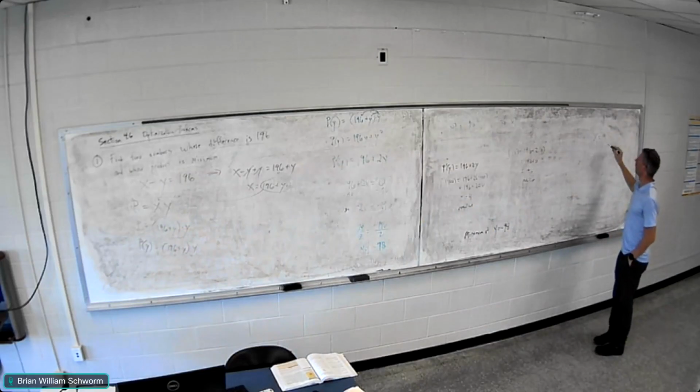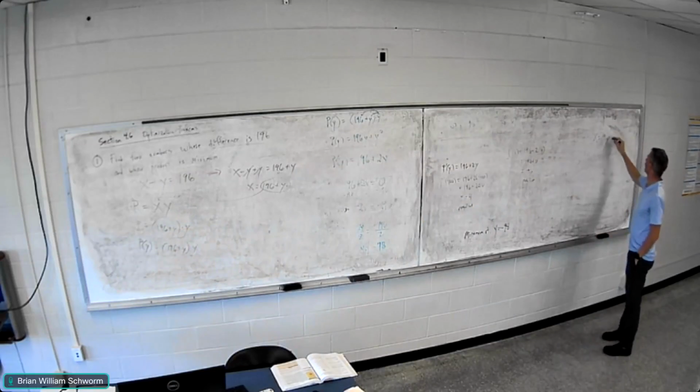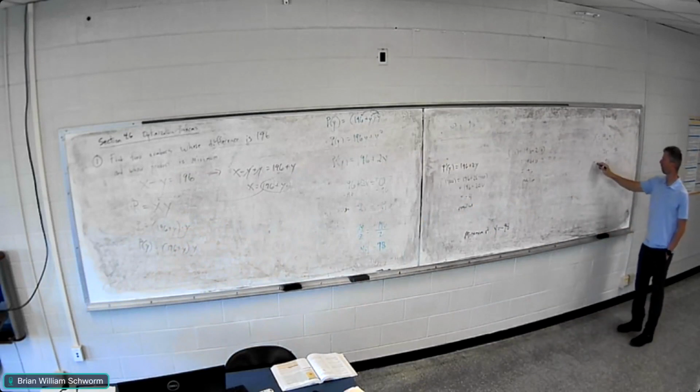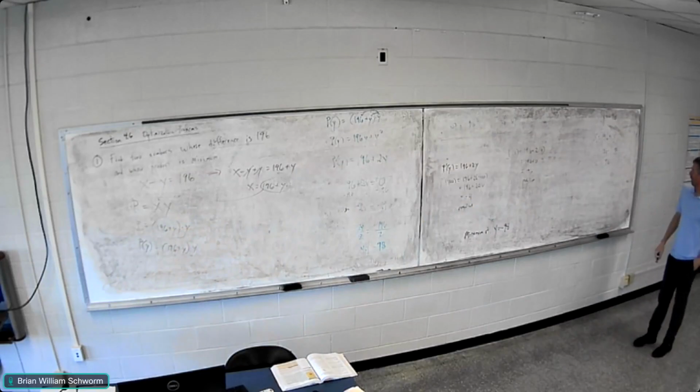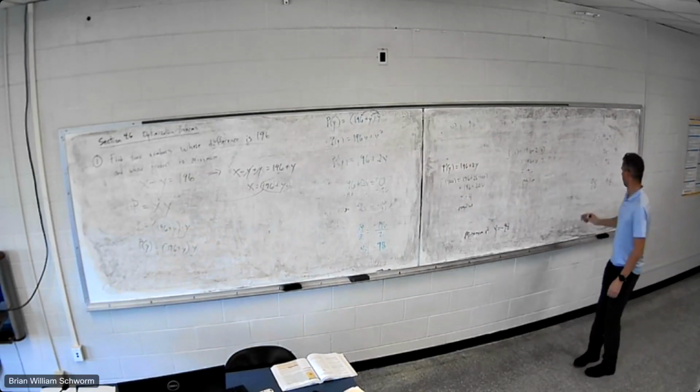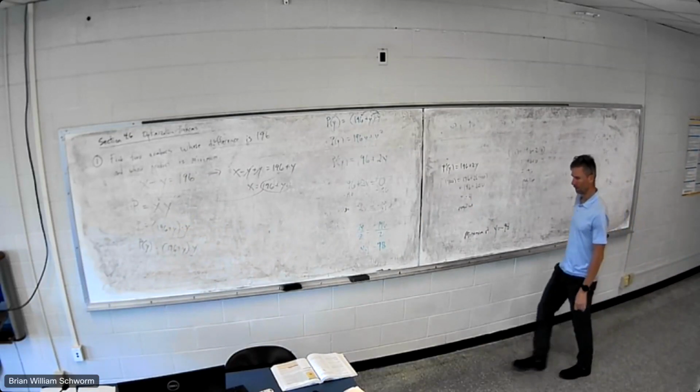X is 96 plus y. 96 plus negative 98, which makes positive 98. So the two numbers are 98 and negative 98. That's the answer to the question.